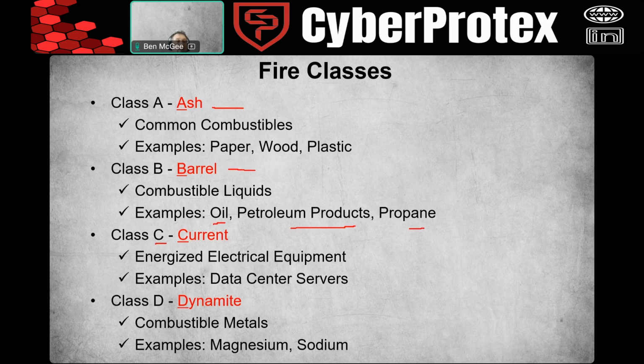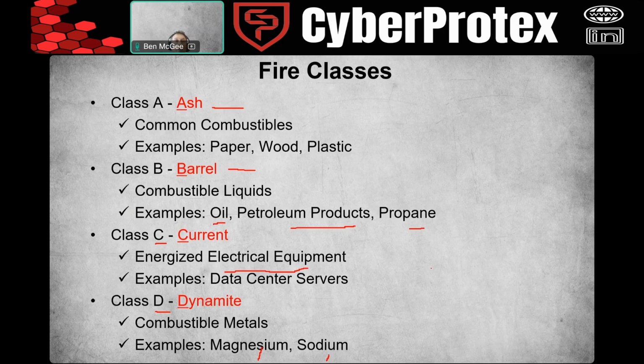The Class C electrical fires, I said computer the other day. Current is a way to think about that. Anything electrical would be a Class C fire, and Class D is dynamite, where it's things that might actually blow up, combustible metals like magnesium or sodium.